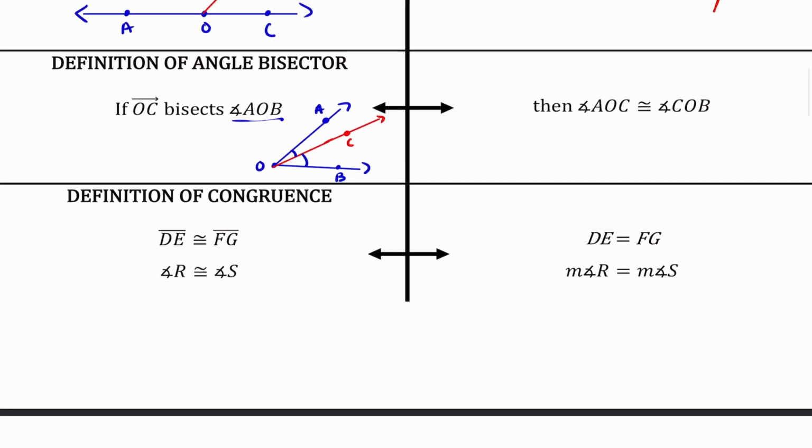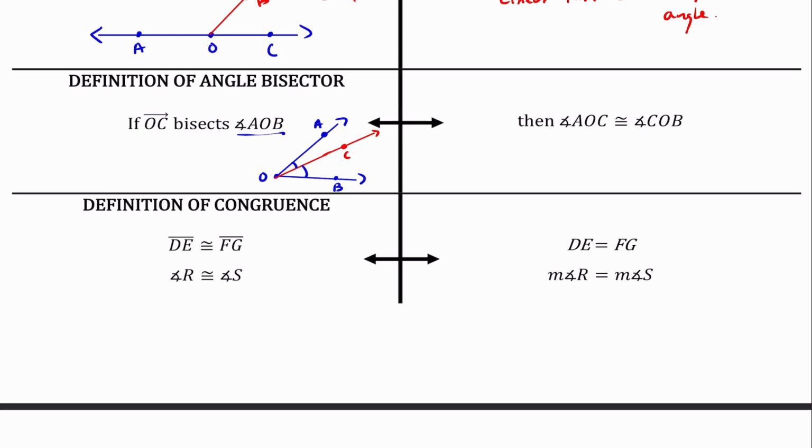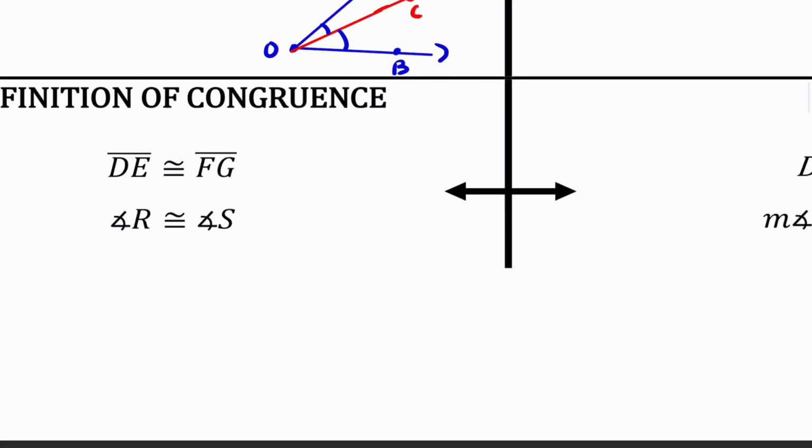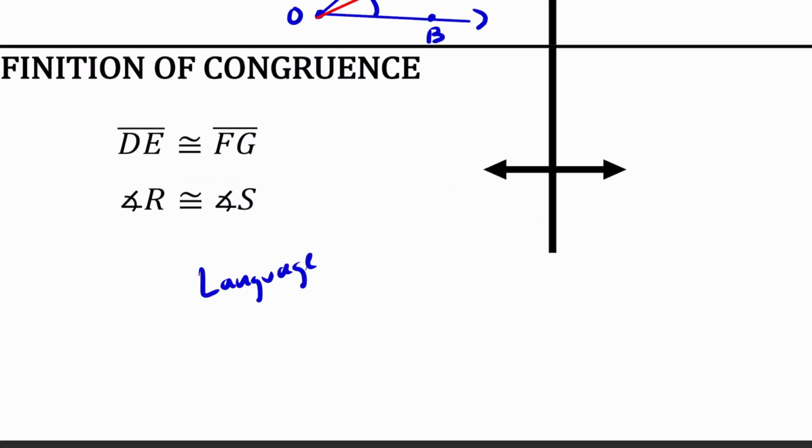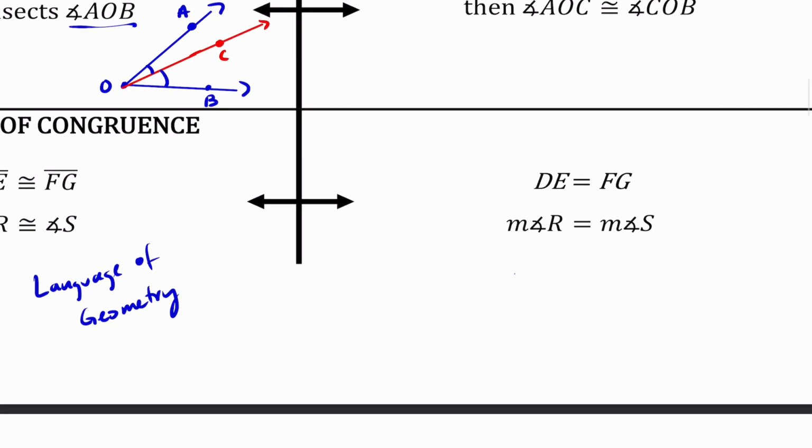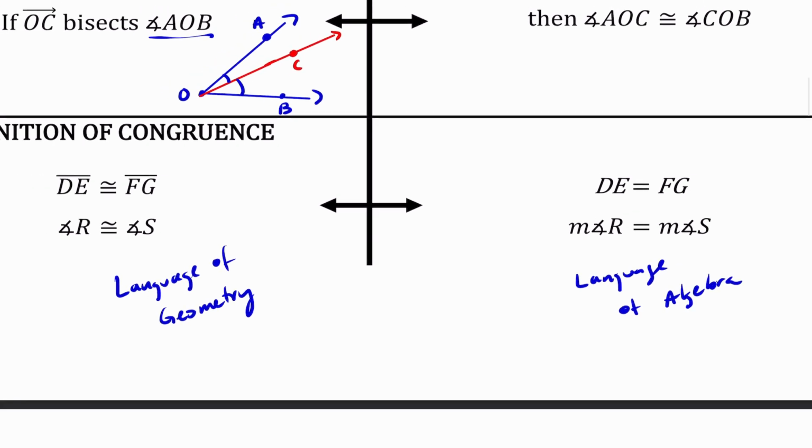Okay, now we need to know something. It's called the definition of congruence. Because we've talked about this at the beginning of the semester, I want you to understand the difference between the language of geometry and the language of algebra. So for instance, we have segment DE is congruent to segment FG.